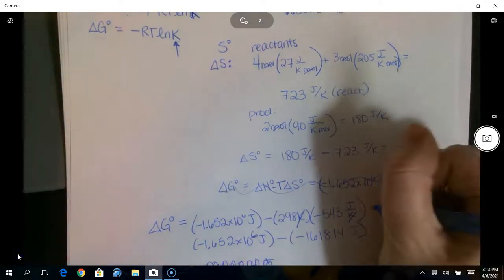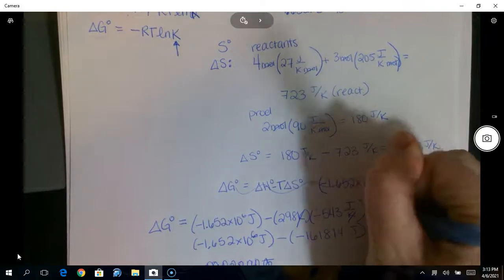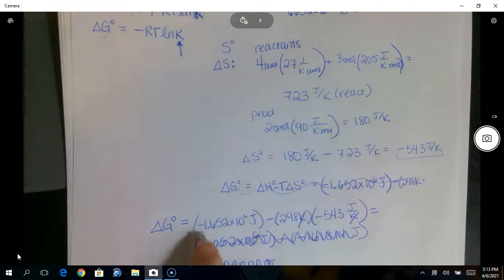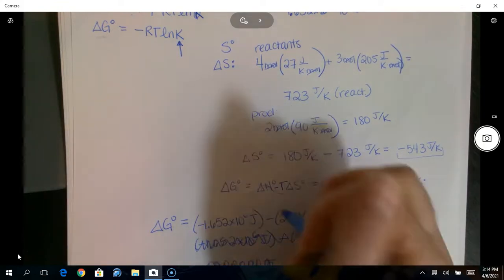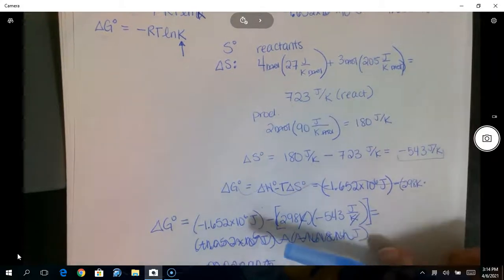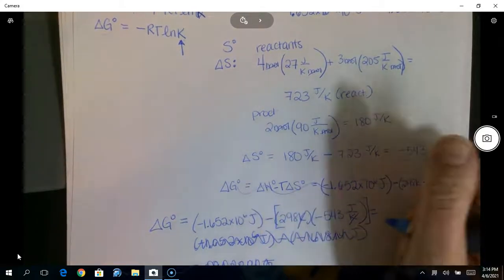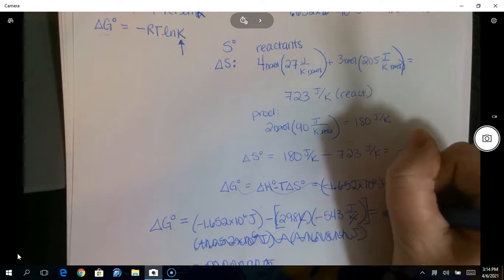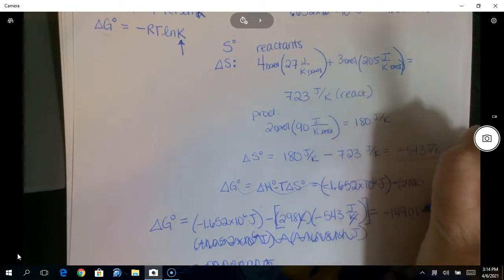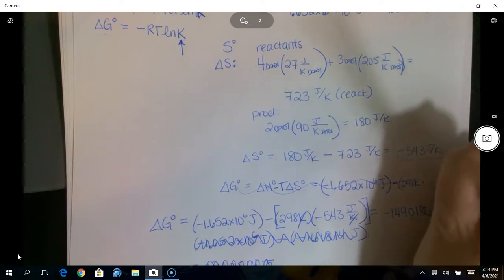It occurs to me I should have probably just plugged it right into my calculator here. Why are we doing more steps? If you plug it all in here, negative 1.652 times 10 to the 6th minus, let me just put this in brackets, it's going to eliminate steps, eliminate places to make mistakes. So this is going to be negative 1,490,186 joules.